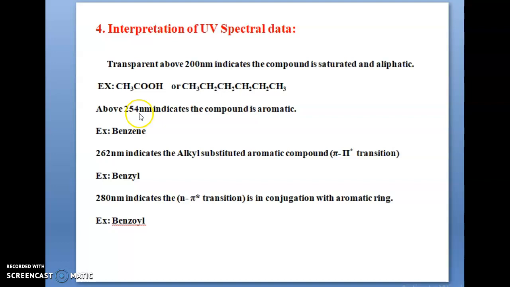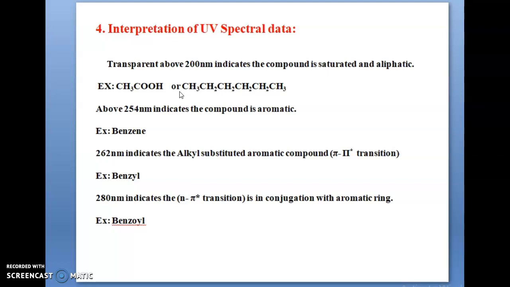Above 254 nanometers indicates the compound is aromatic, for example benzene. 262 nanometers indicates alkyl substituted aromatic compounds, with a pi to pi star transition, like benzyl. 280 nanometers indicates an n to pi star transition in conjugation with an aromatic ring, like benzoyl. These are some of the interpretations of ultraviolet spectral data.